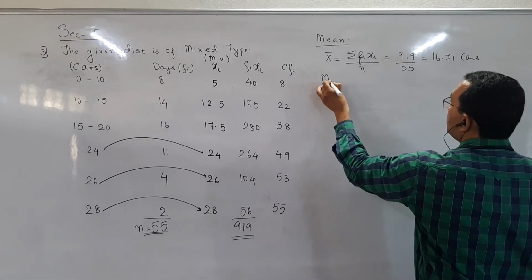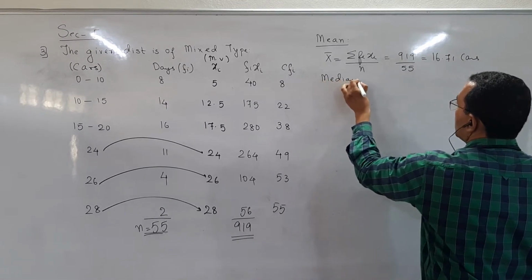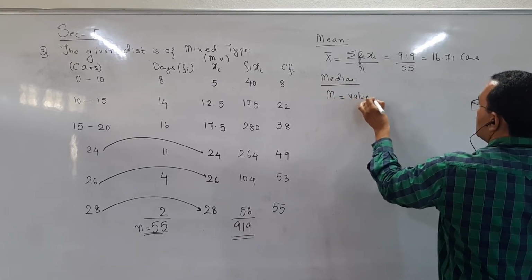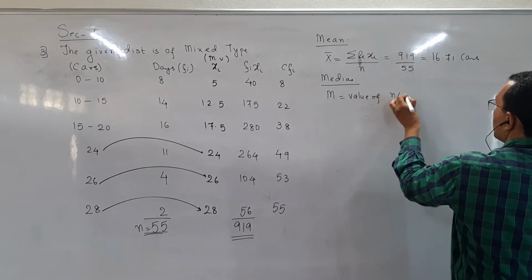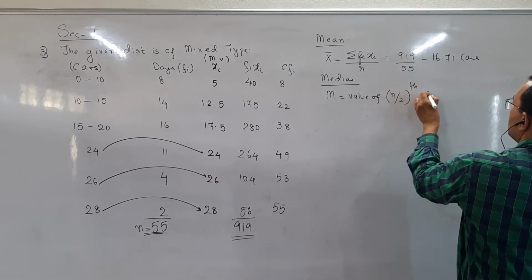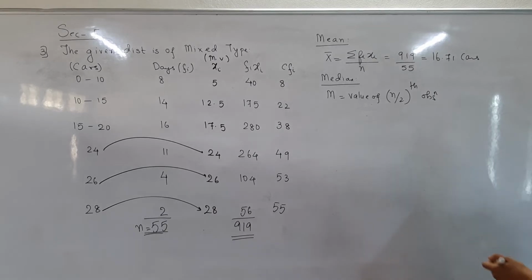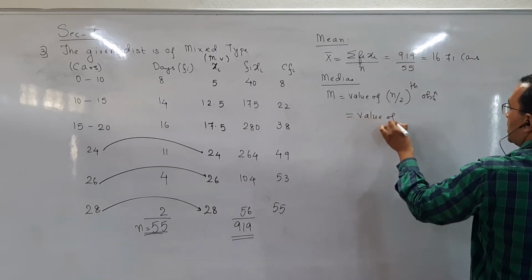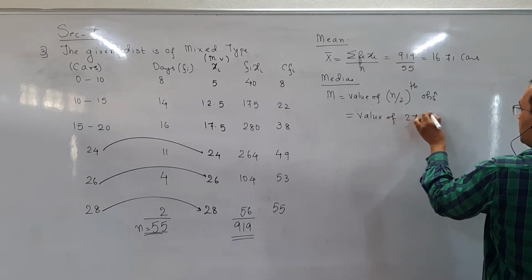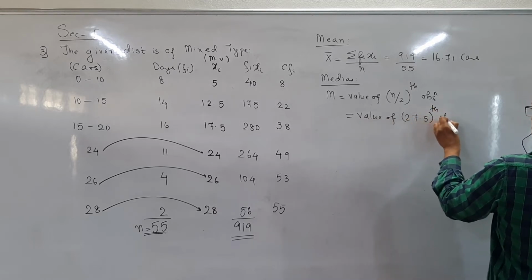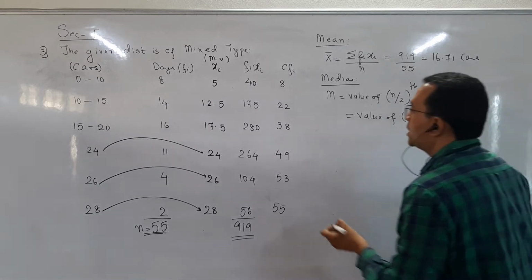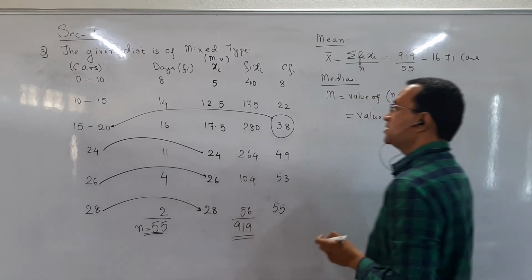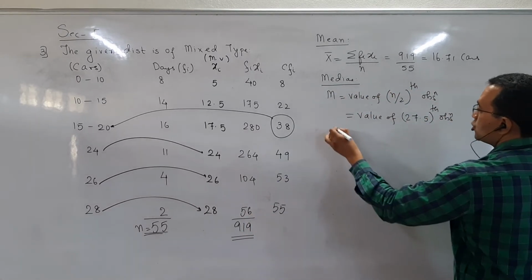Now, to find median, what we do? Median is equal to value of n by 2th observation. So, value of 55 by 2, so 27.5th observation, which is covered in 28, and corresponding class is 15 to 20.